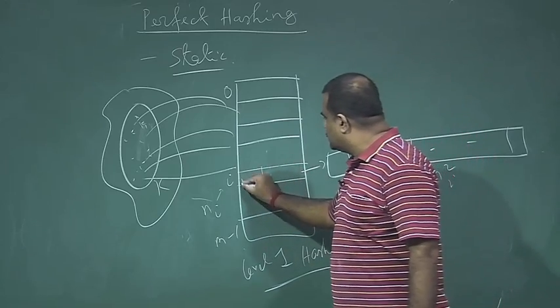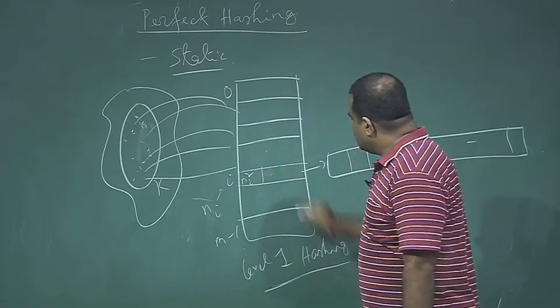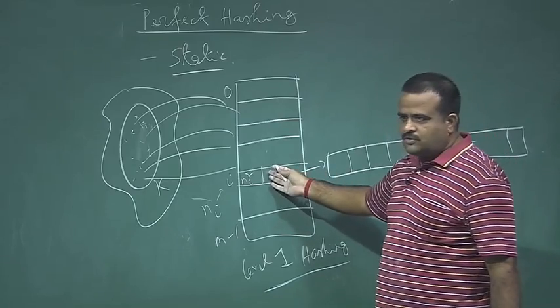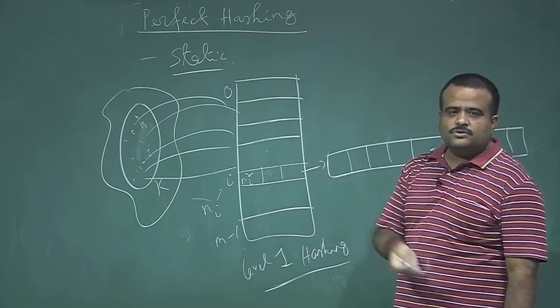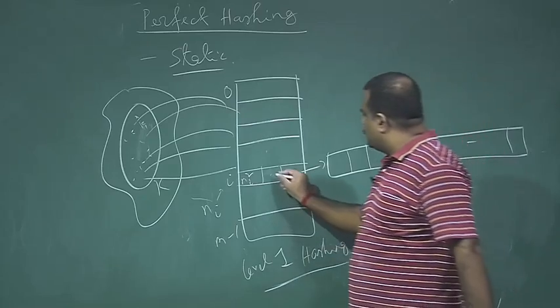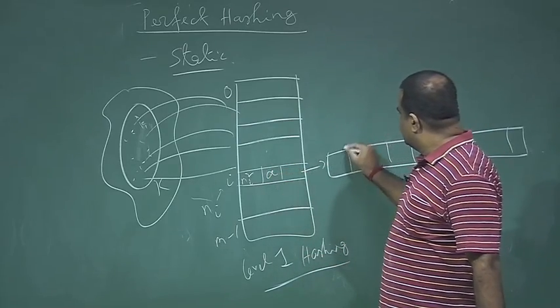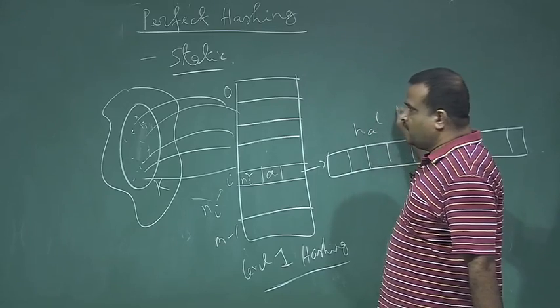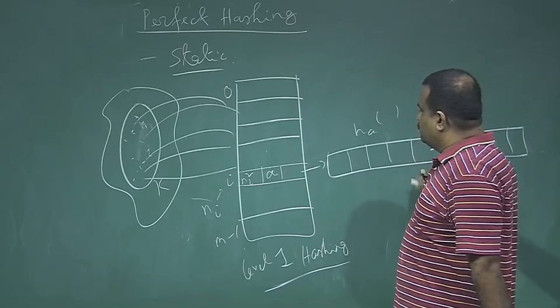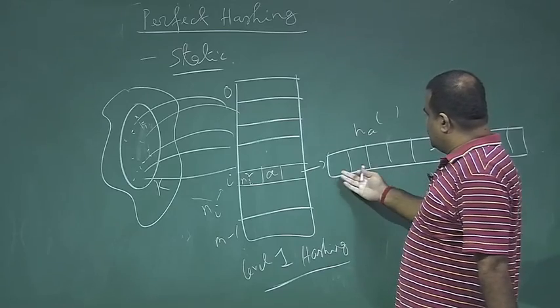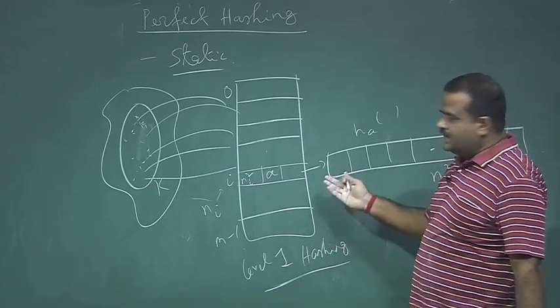For the second level hash function, we need to store the hash function over here. We can store that by just storing a vector, and then we apply h of a, which will map these keys into this table.